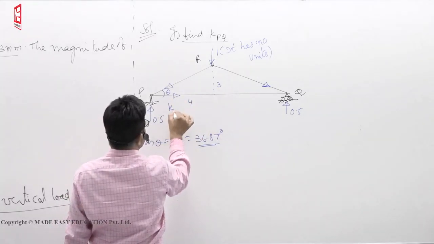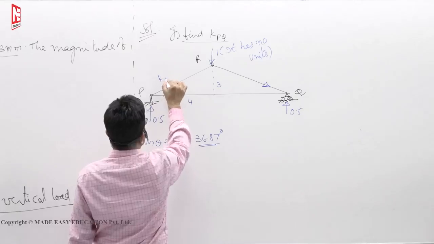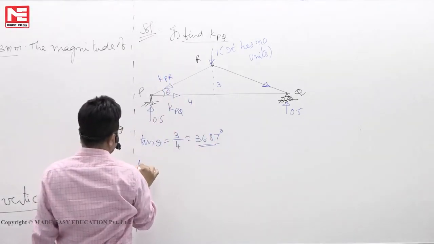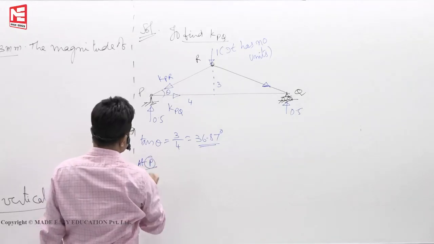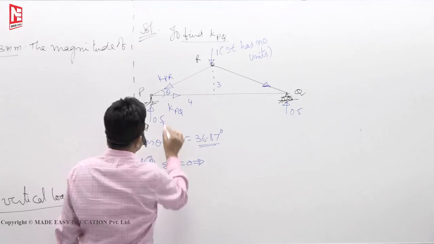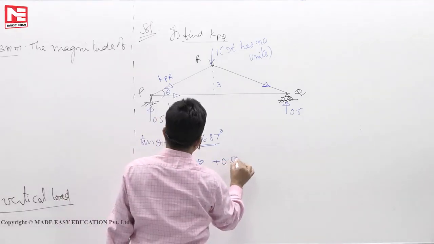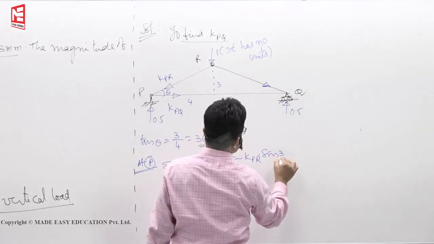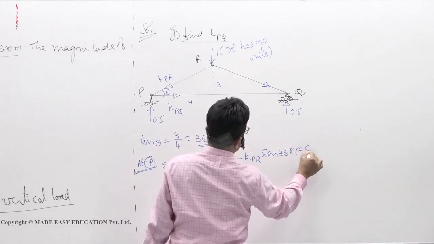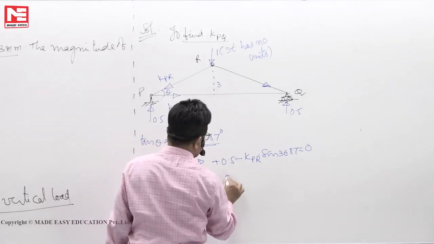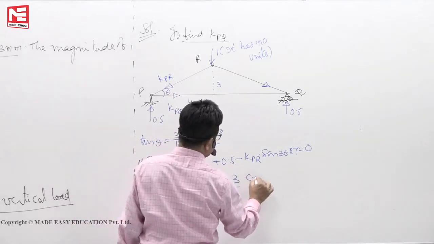So this is KPQ. This is KPR. If you write sigma y equals 0 at P, what happens? Plus 0.5 minus KPR sine 36.87 must be 0. So KPR, you will get around 0.83 compression.